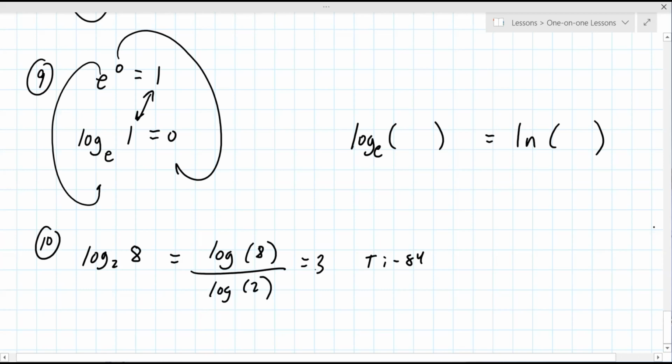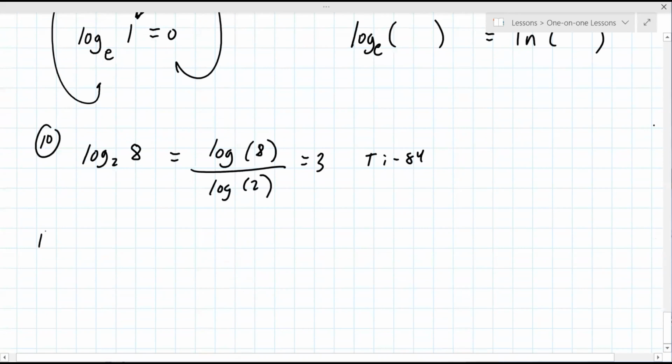If you have your calculator, I would suggest trying out problems 11, 12, and 13 real quick. How do you get the log base 2?